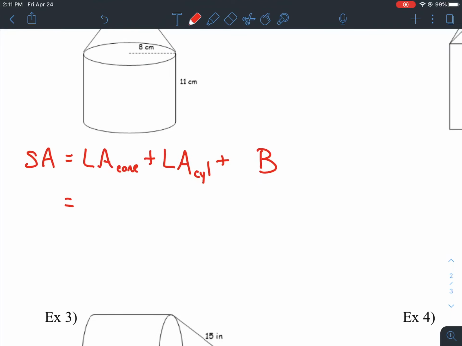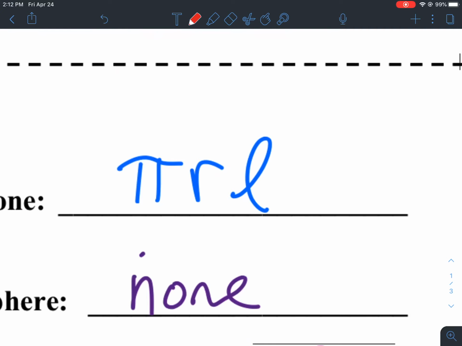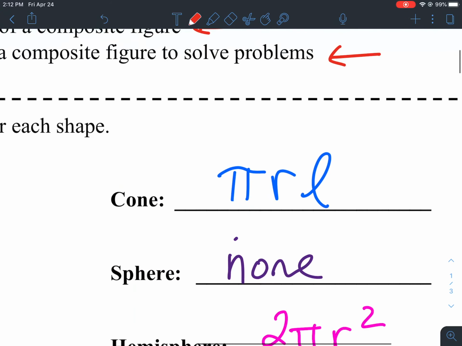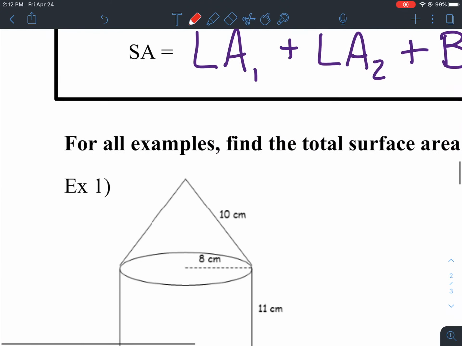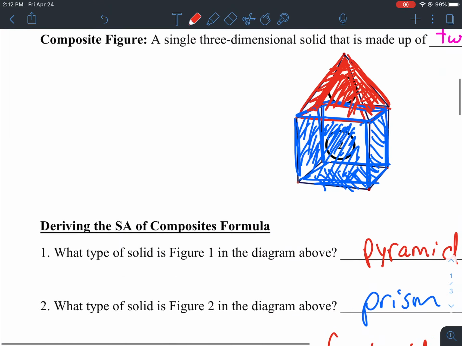What I'm going to do now is go to the top of the page where our formulas are in our notes, and I'm going to replace LA cone and LA cylinder with their formulas. So, lateral area of a cone is pi RL. So underneath LA cone, I'm going to put pi RL plus lateral area of a cylinder.